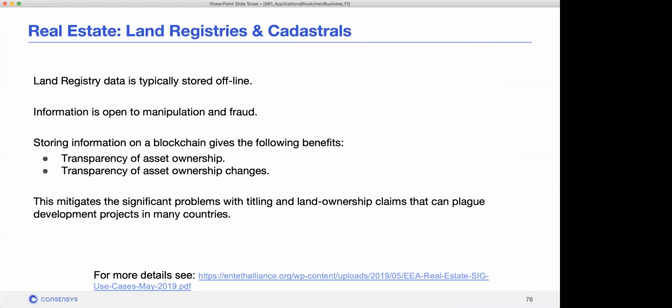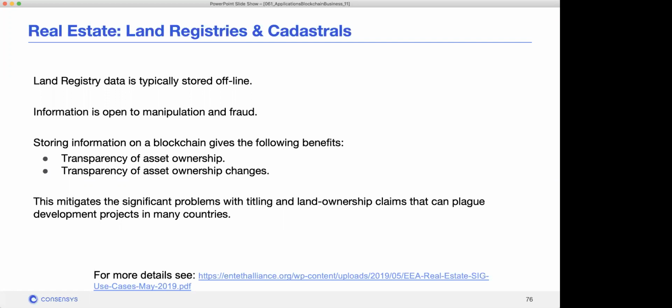Another big area is land registries and cadastrals. Land registries are typically stored offline, and information is open to manipulation and fraud, especially in the third world, in developing nations. But in any country, it is open to manipulation if it's not public. And so if you store it on the blockchain, then it's transparent who owns what land, and it's also transparent when changes are made, so you can see who made what change.